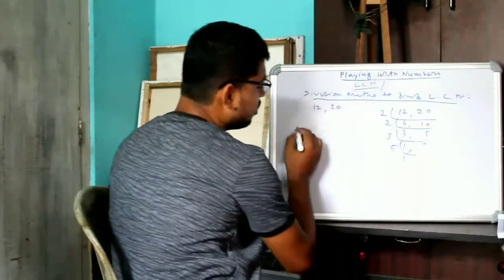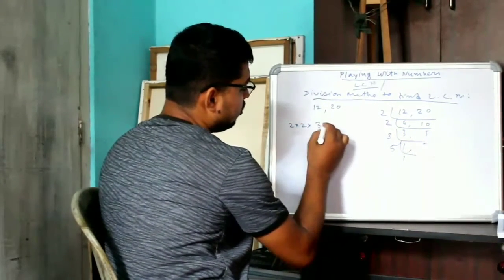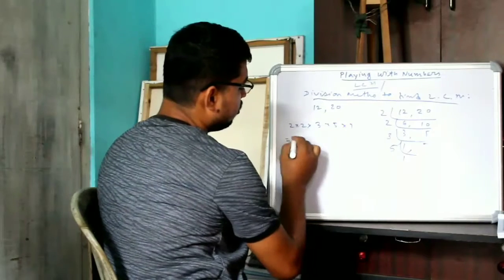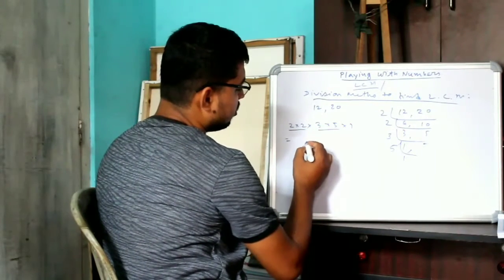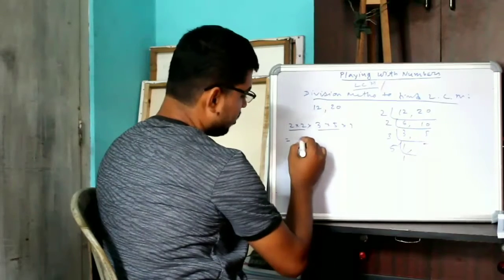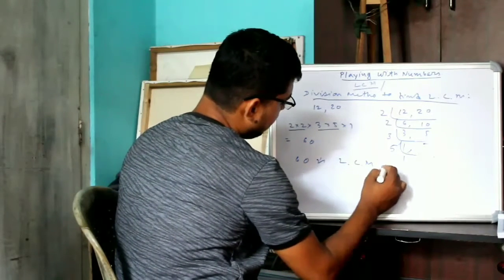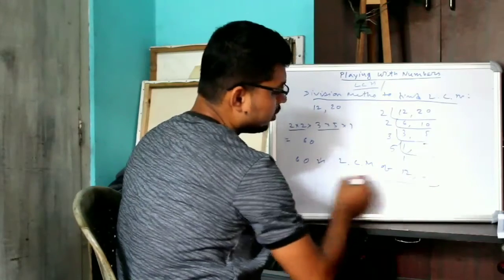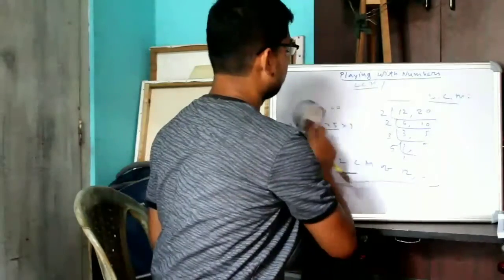So now 2 into 2 into 3 into 5 into 1 equals 2 into 2 is 4, 4 into 15 is 60. So 60 is the LCM of 12 and 20. So this is the process to find LCM by division method.